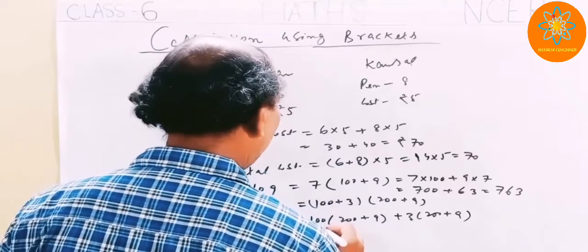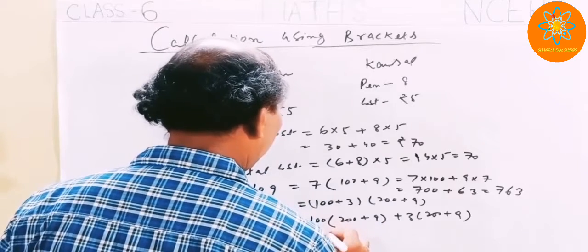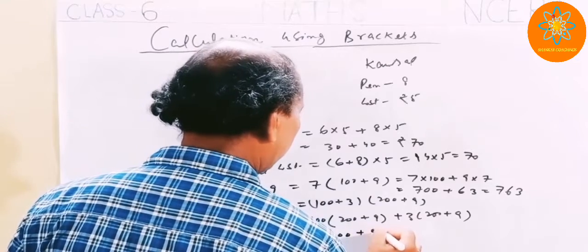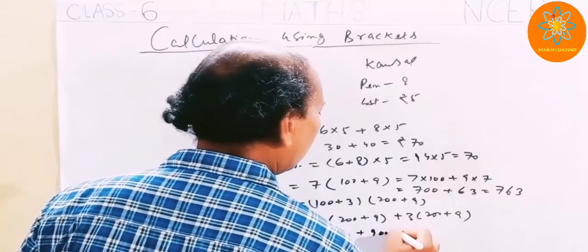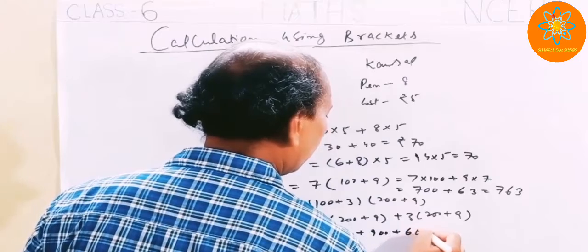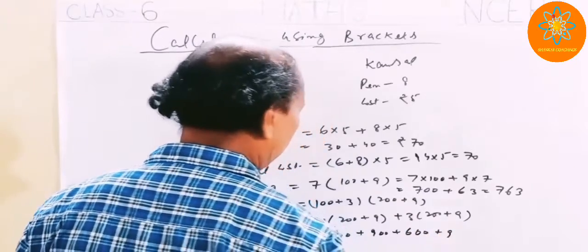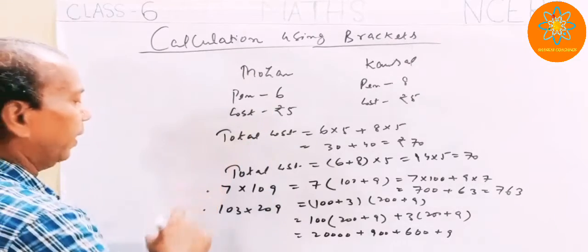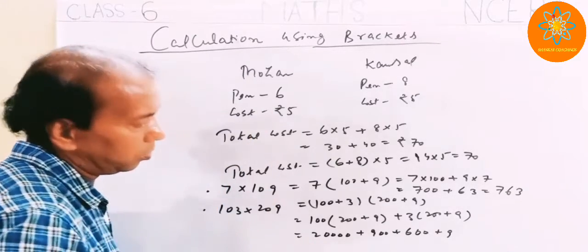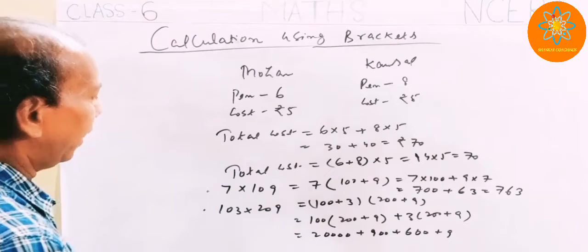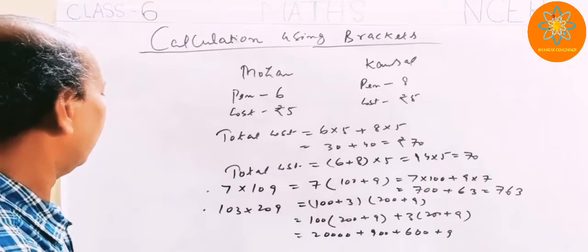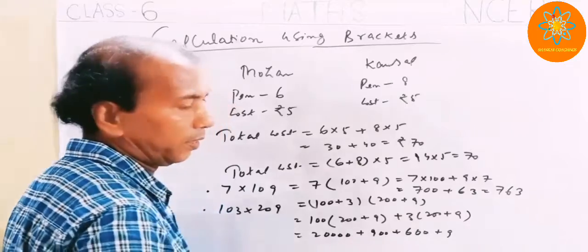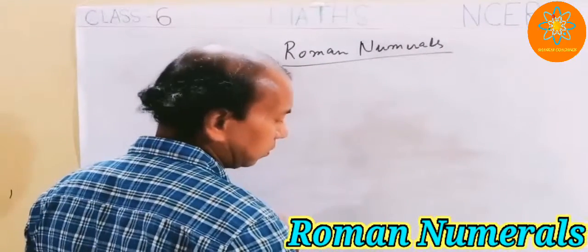So this is nothing but 20000 plus 900 plus 600 plus 9. So by using brackets, we can calculate things; either you multiply directly or you can use brackets.